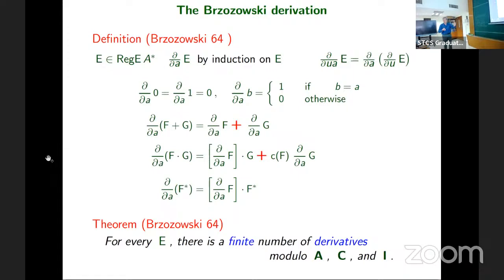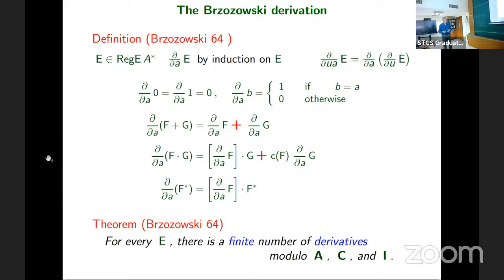You have an expression and a letter, you derive by induction on the expression, and you get something. The main tricky point is that the derivation of f plus g is one expression, which is the sum of the derivations, since plus is an operator of the expressions.